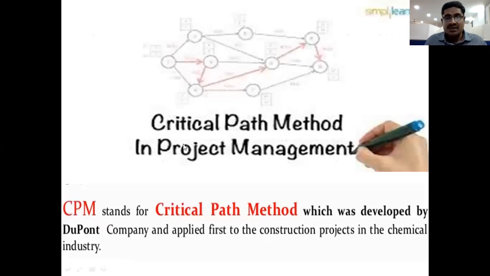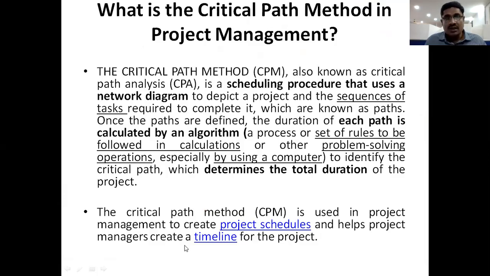In today's class we discussed the critical path method. It was developed by the DuPont company for construction projects in the chemical industry. This critical path method is also known as CPA. Please remember this: critical path analysis. CPM is also known as CPA, critical path analysis.